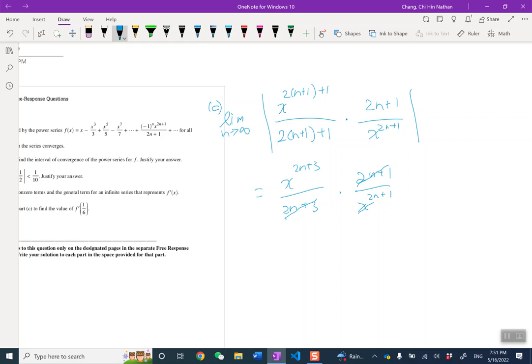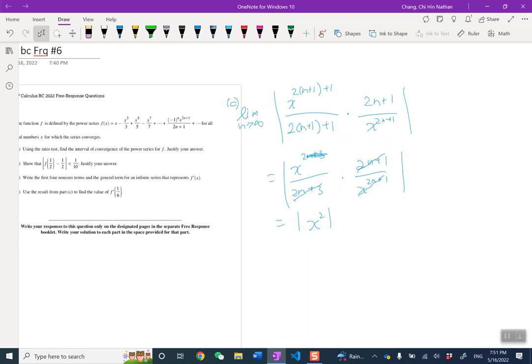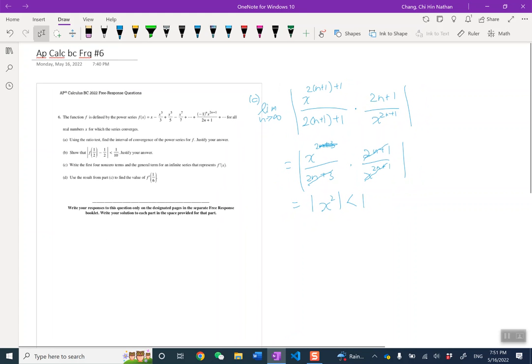And we can just cancel x, and the difference between these two coefficients is 2, so we are left with x squared, equals the absolute value of x squared, and is less than 1. This is what the ratio test does, and so we can imply that negative 1 is less than x less than 1. Pretty simple here, right?